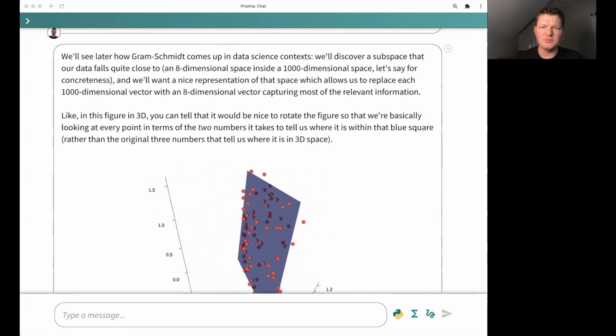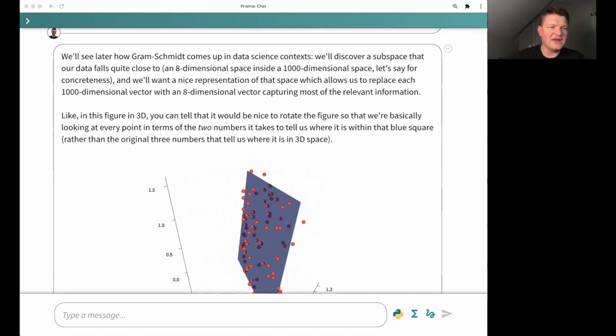So suppose that we have some data that happens to fall quite close to some lower dimensional subspace. And what we want is a nice way to represent that lower dimensional subspace so that we can stop thinking about our, let's say, 1,000 numbers that specify for each data point where it lies in this 1,000-dimensional space.